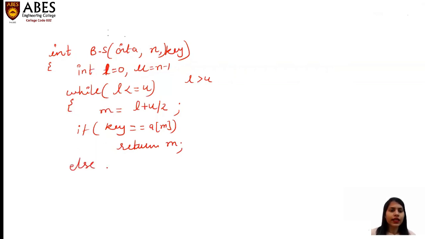Another case is else if the key element is greater than the middle element. In that case, we are changing the lower bound value, that is m plus 1. In the third condition, we are changing the upper value, that is m minus 1.